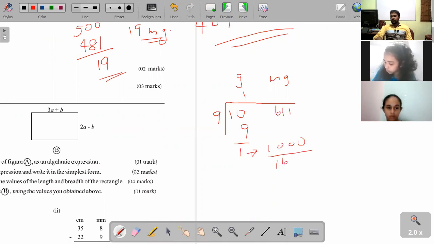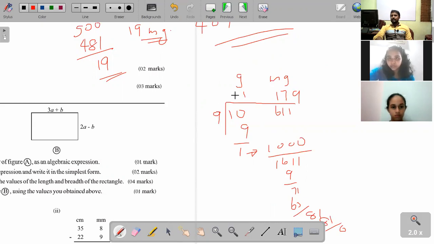So totally 1611. 16 divided by 9, 1. 1 times 9, 9. Remaining 7, 71. How many? 7, no? 7 times 9, 63. Remaining 8, 81. How many nines? 9. 9 times 9, 81. So what is the answer? 1 gram, 179 milligrams. That's the last part answer.